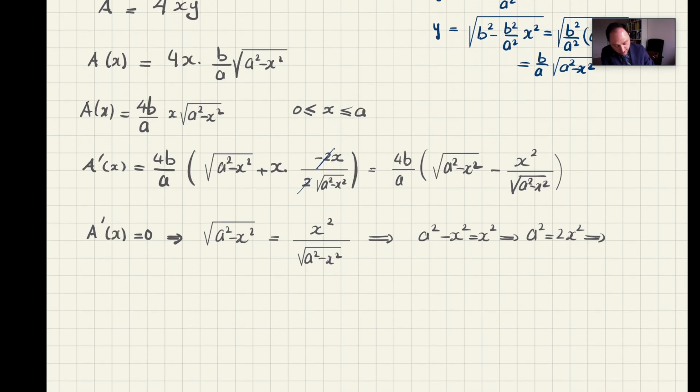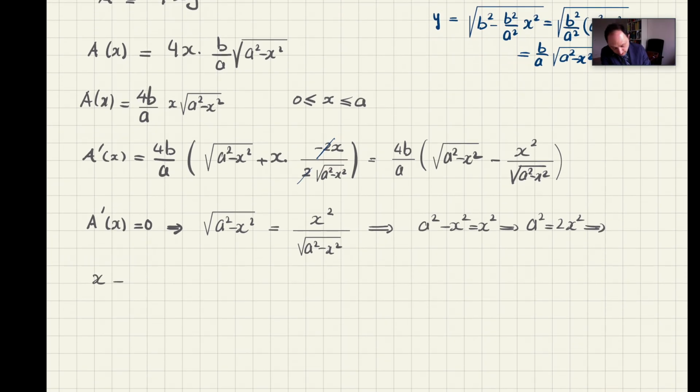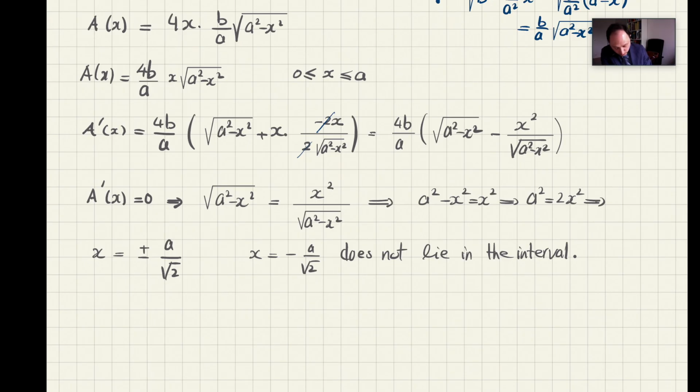And this means that x is plus or minus a over square root of 2. But I am working in this interval, so minus a over square root of 2 does not lie in the interval. Okay, so the only acceptable answer is this one.